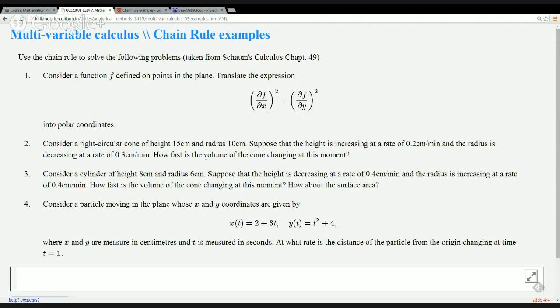So we require the derivative dv dt, which comes from the chain rule equation.